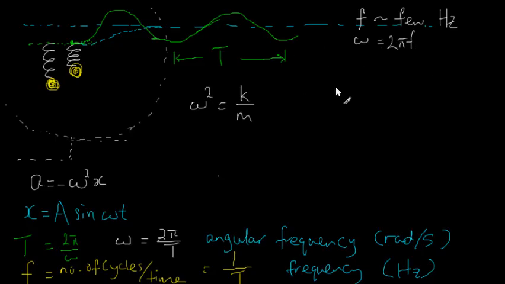Now I'm going to write this here as well, just so I know what I need to work out. In order to find the frequency, therefore, we need to estimate k, the spring constant, and m, the mass of the car. So let's think about how we can make reasonable estimates.